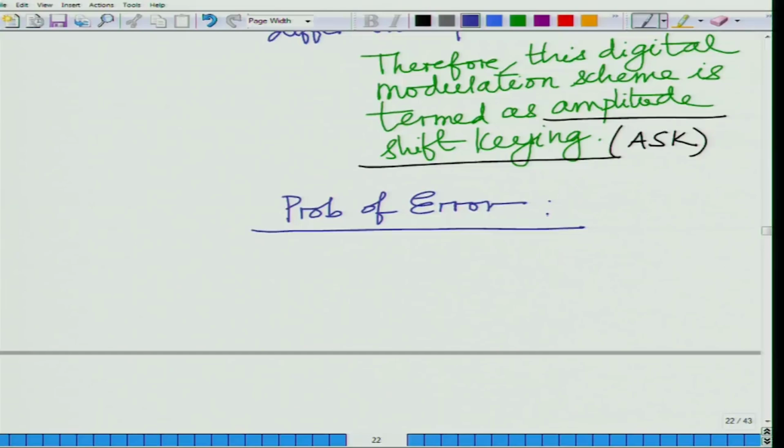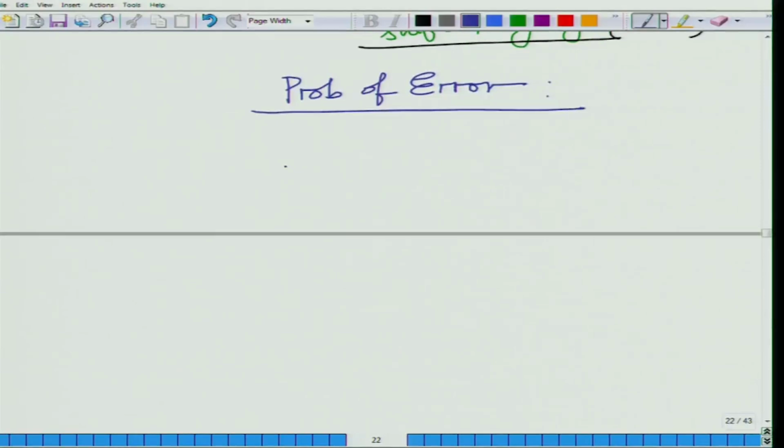Now, we want to calculate the resulting probability of error for this scheme, or the probability of bit error. So, remember, we are transmitting x(t), which is either A times p(t) corresponding to information bit 0, or it is equal to 0 corresponding to information bit 1.